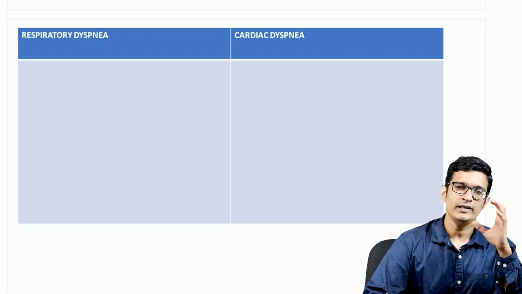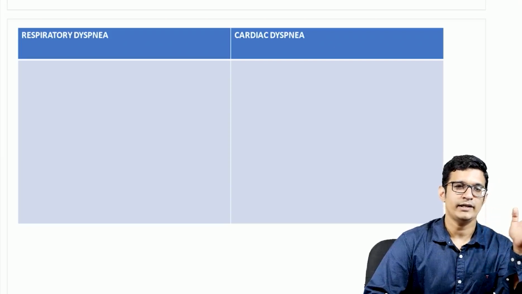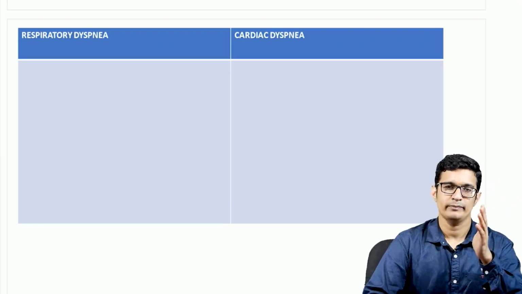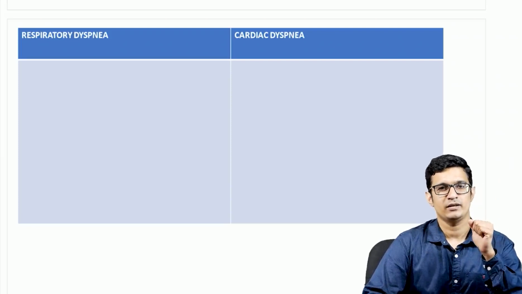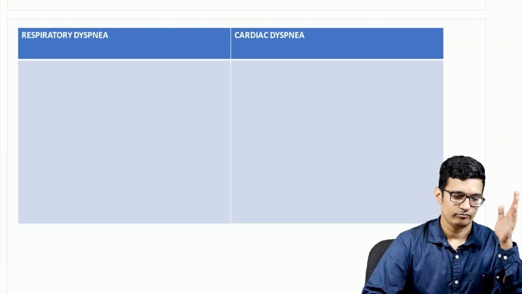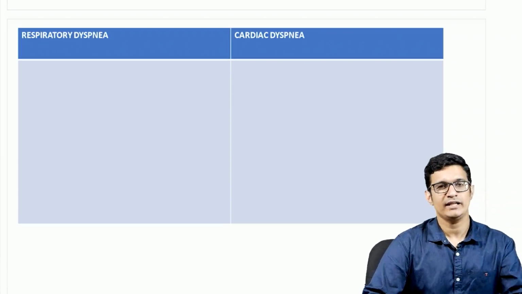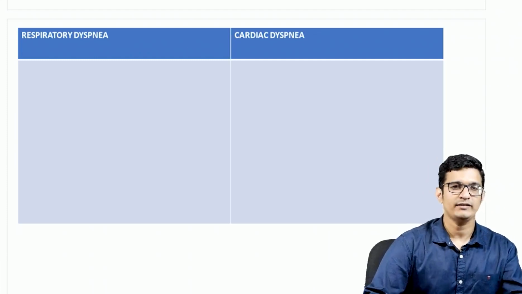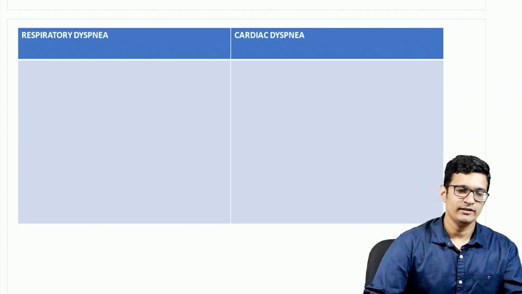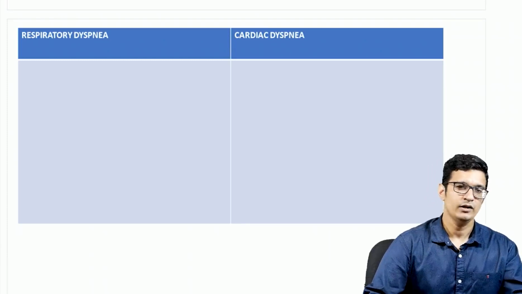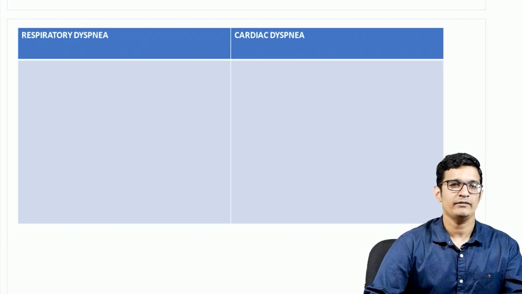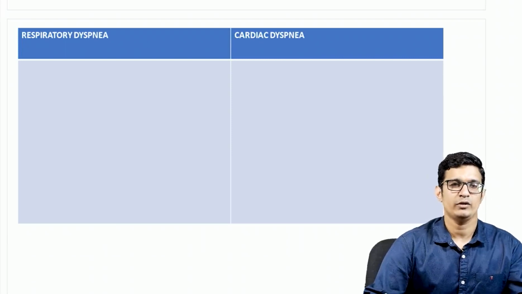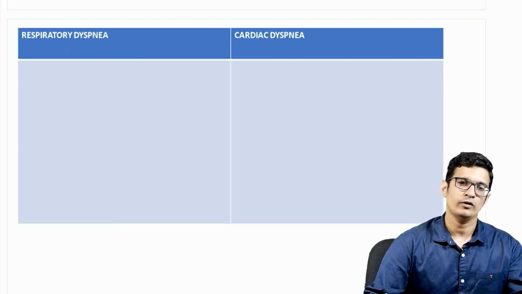It is very important to differentiate between cardiac and respiratory causes in any given patient, because it will decide the direction in which your case taking proceeds, and what system case you have got for your exam, whether a cardiac case or a respiratory case, or maybe a mixture, such as an infection in a patient who already has coronary artery disease or valvular heart disease.